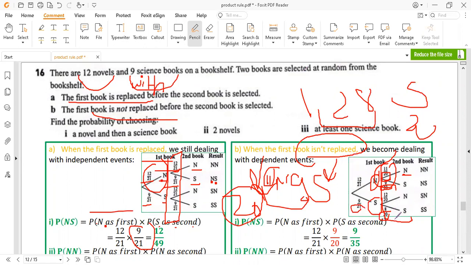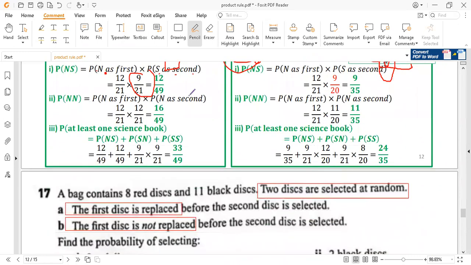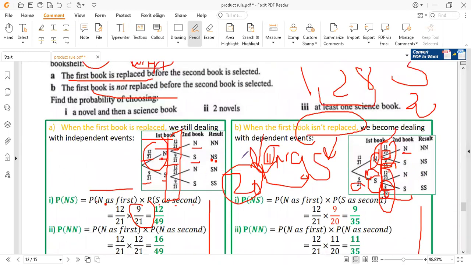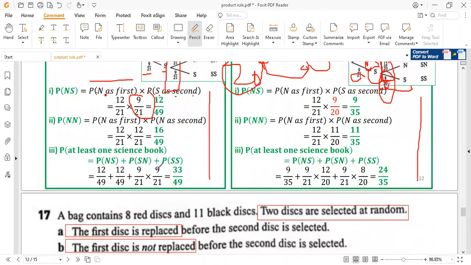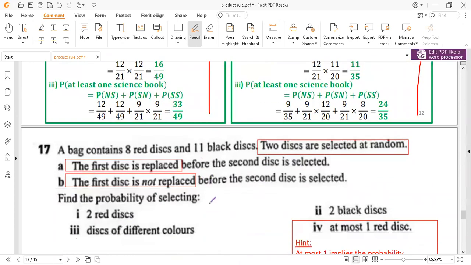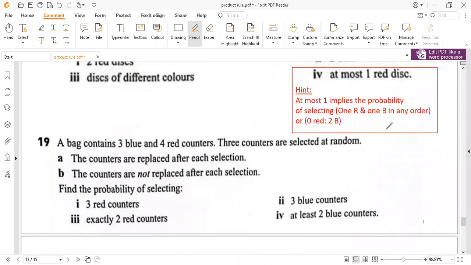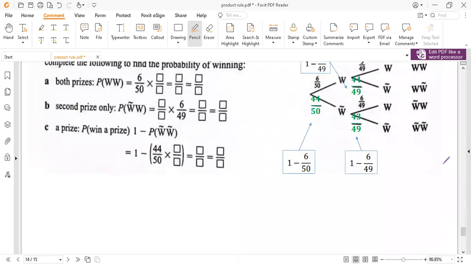So the probability of obtaining a science book the second time is 8/20, and a novel is 12/20, if we obtained a science book first. If you realize what we did here, it is easy to complete the following exercises by yourself. Also, I give you some hints to complete the following one.